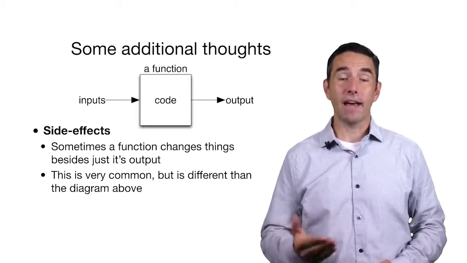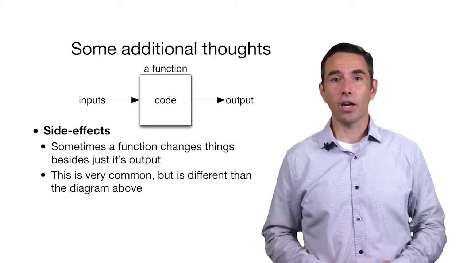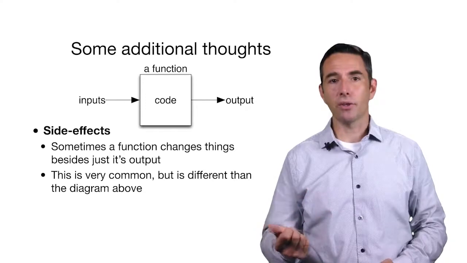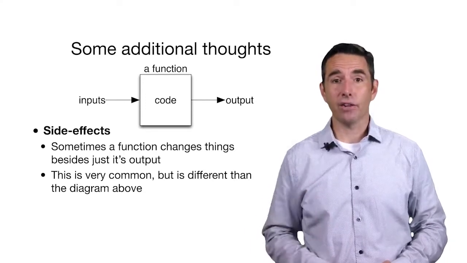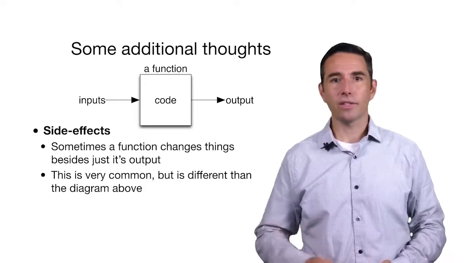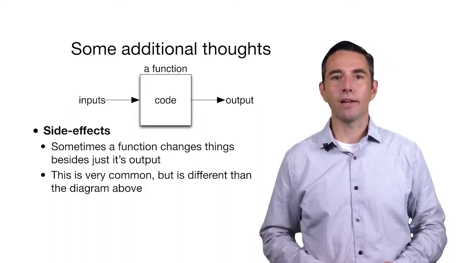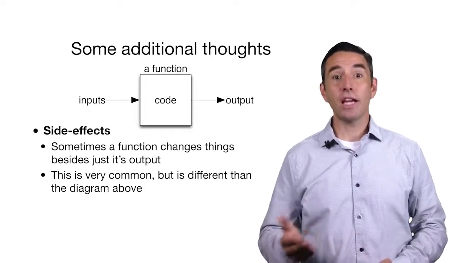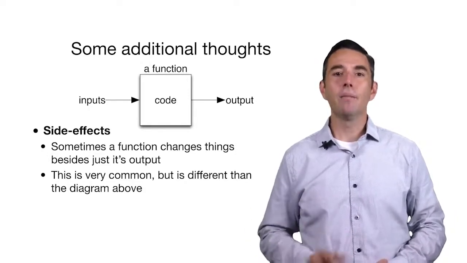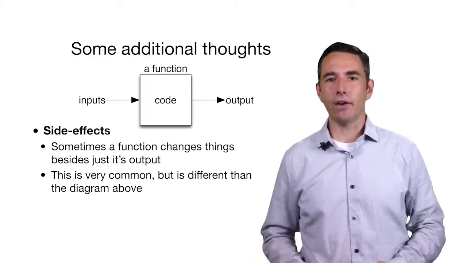And we've already seen that. For example, a side effect of the day greeting code was that it wrote out good morning, good afternoon, and good evening to the console. That's a side effect of that function that didn't just have to do with the value that it returned. And where the value in our case was nothing, it was void. So sometimes a function changes things besides just its output. That's called side effects. And this is very common, but it's a little bit different than maybe that diagram suggests above.